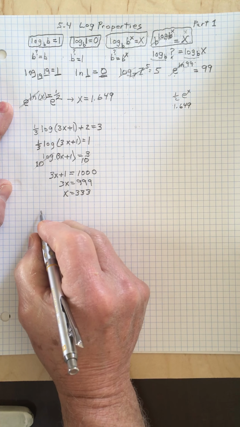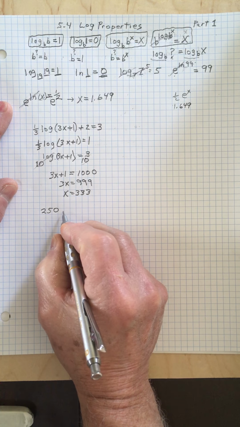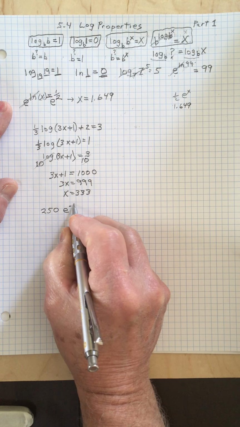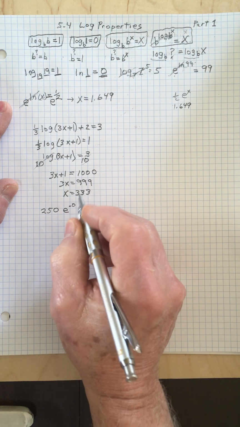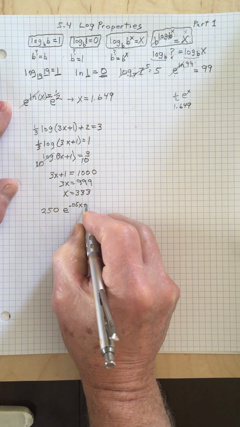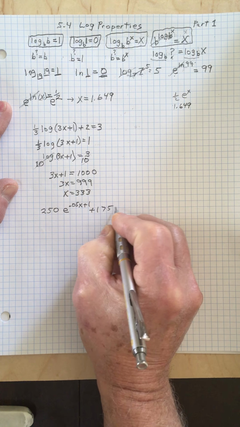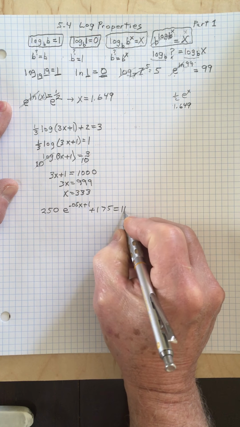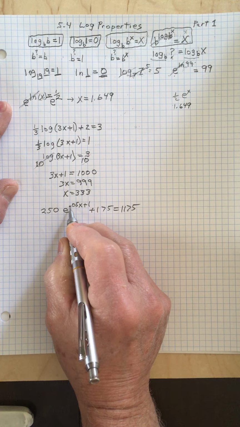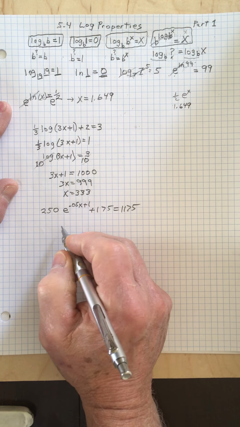Let's look at this one here. Get to use a different rule on this one instead of this one all the time. Okay, and again, that's e raised to the 0.05x plus 1. That's the power on e.